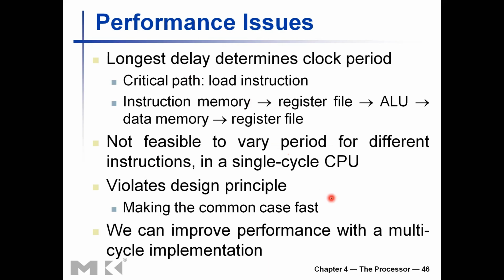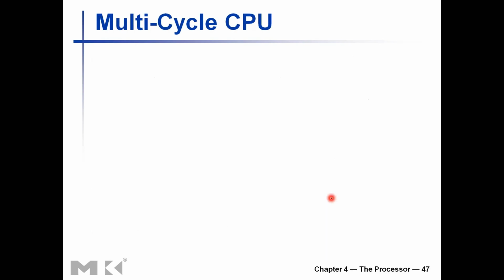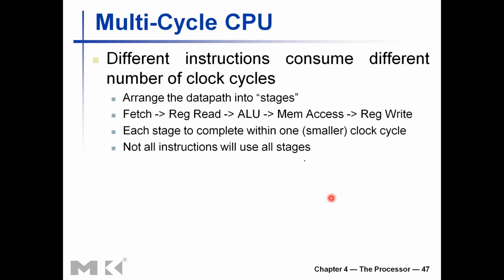So how can we improve performance? We have to go for a multi-cycle implementation. Instead of trying to do everything within one big clock cycle, try to break it down into small clock cycles or small operations for different instructions.